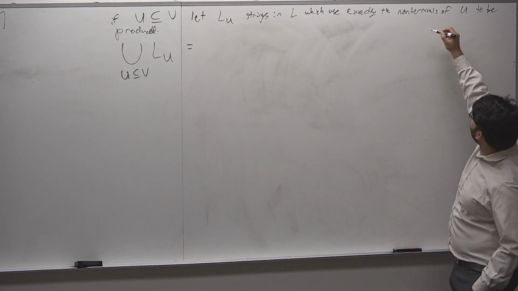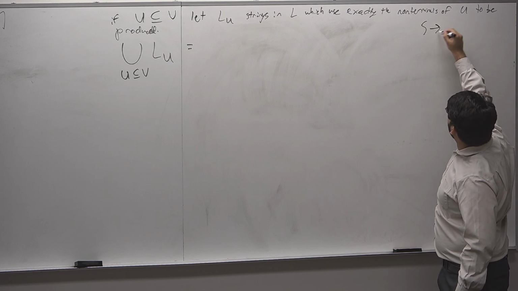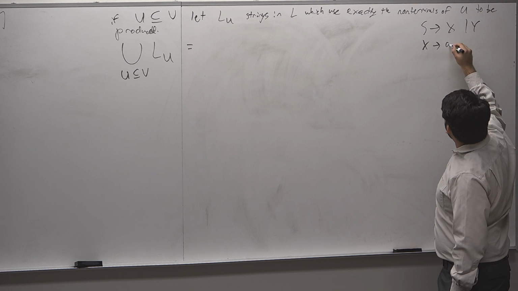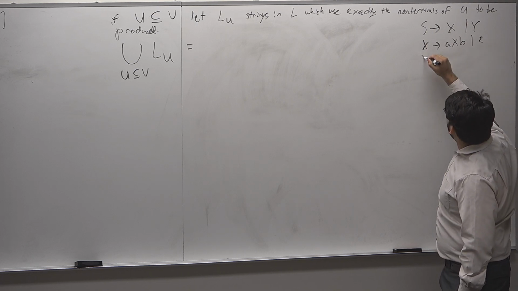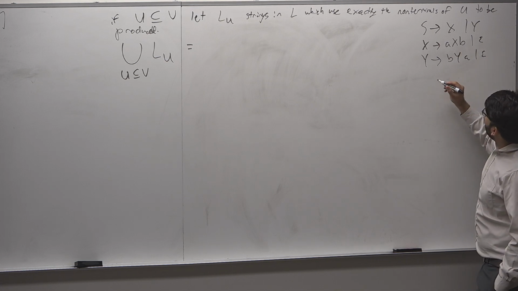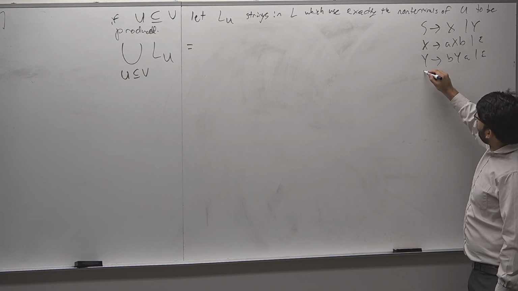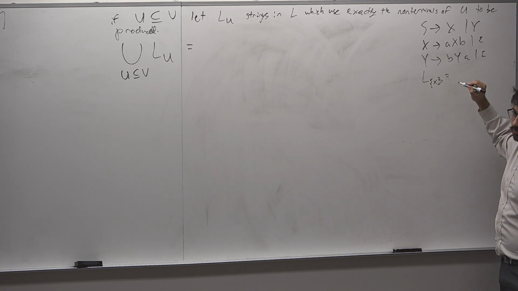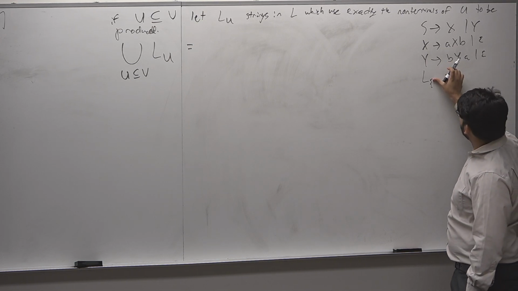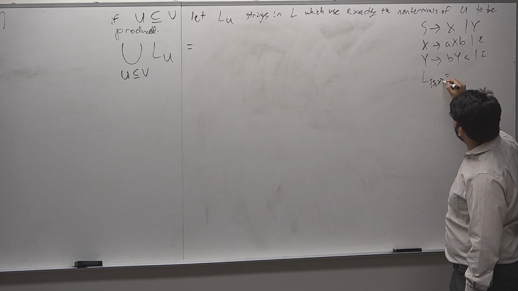For example, if S was the grammar that said X or Y, and then X produced AXB or epsilon, and Y produced BYA or epsilon, then what would L of the set of just X be?